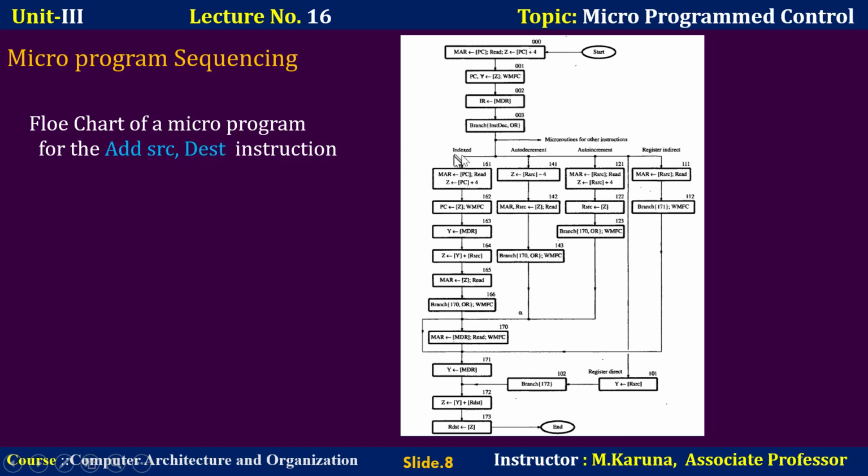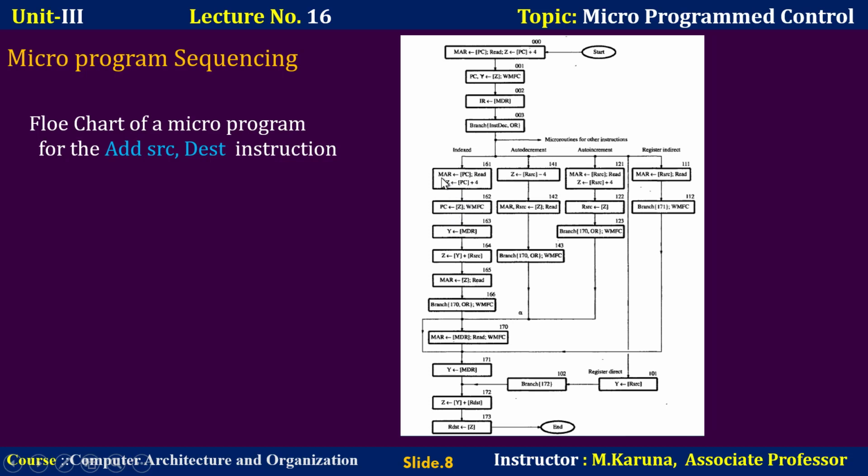Okay, so if the data is specified in indexed mode, and the instruction decoder selects the indexed mode, then PC will be loaded with that branch address, then that will be loaded into MAR. Again to get the next address, PC will be updated and then transferred to PC.